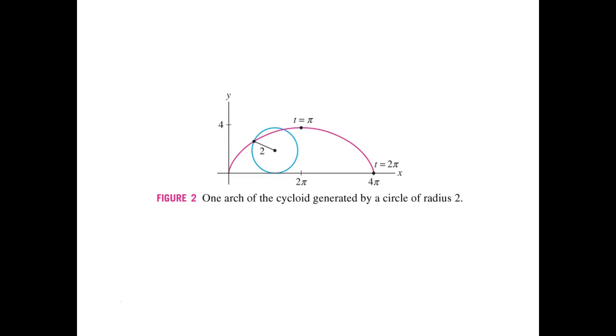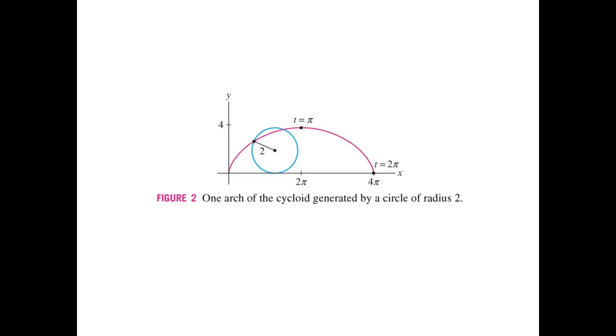Now, your x displacement, on the other hand, has increased by 2 pi. Because when it's upright like this, somewhere else in here it's going to be exactly horizontal.